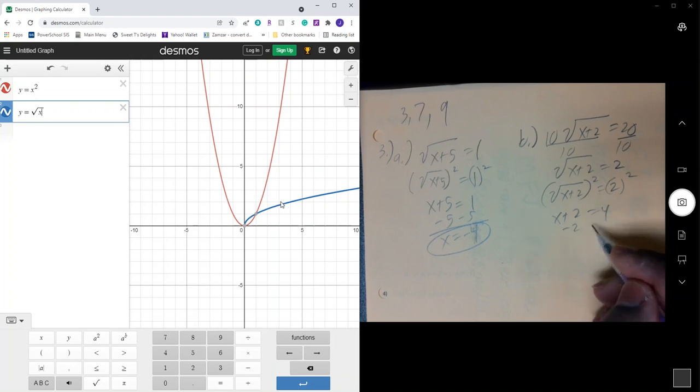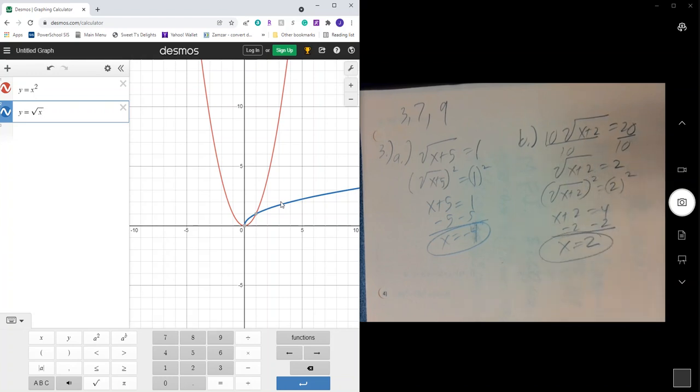Now we will subtract 2 on both sides, and x is equal to 2. Now if we substitute in 2 for x, 2 plus 2 is 4, the square root of 4 is 2, and 2 times 10 is 20. So x equals 2 actually checks out.